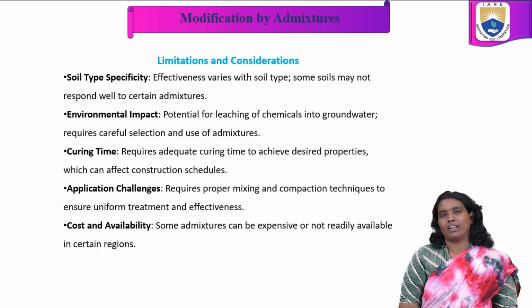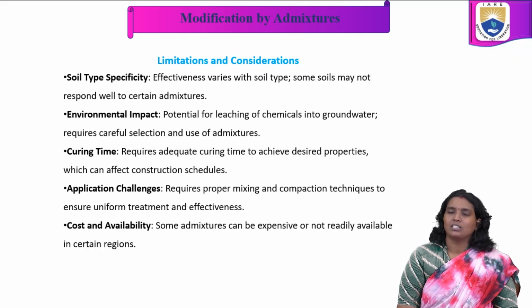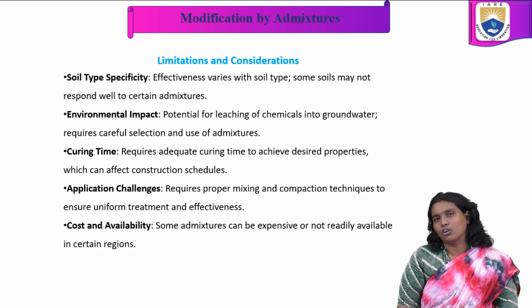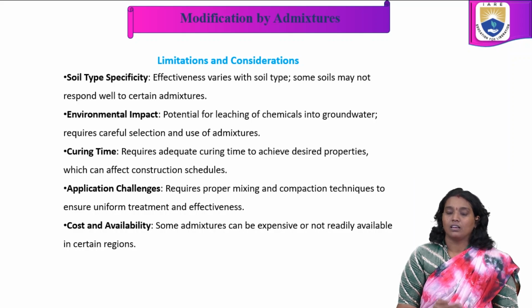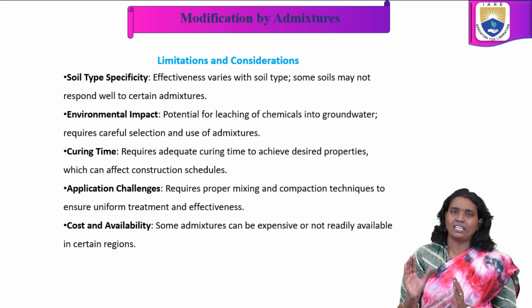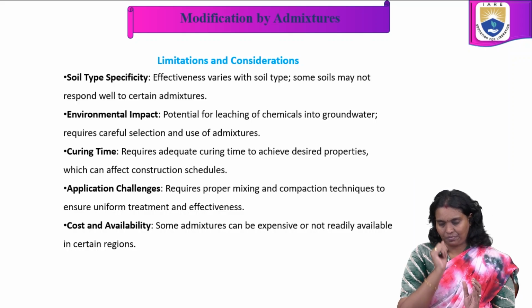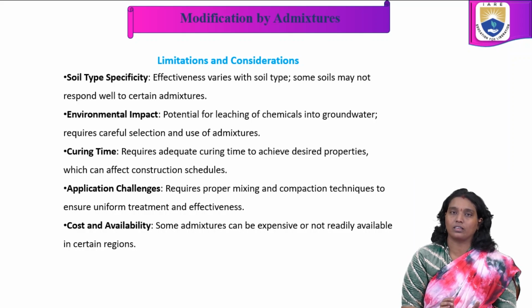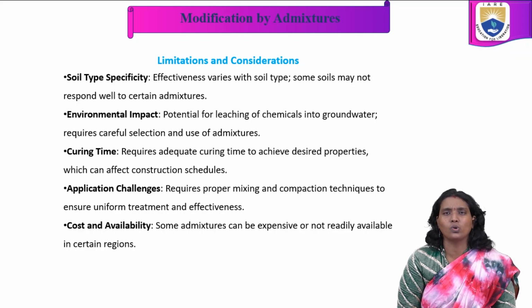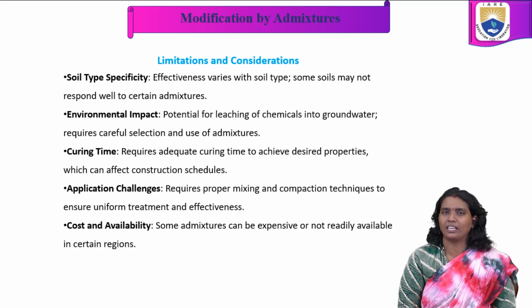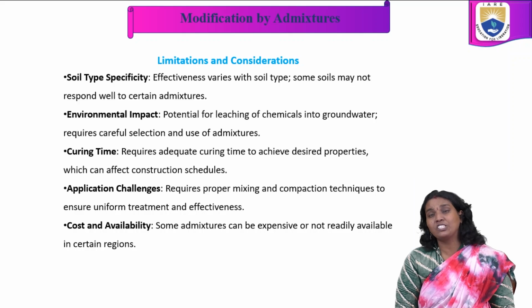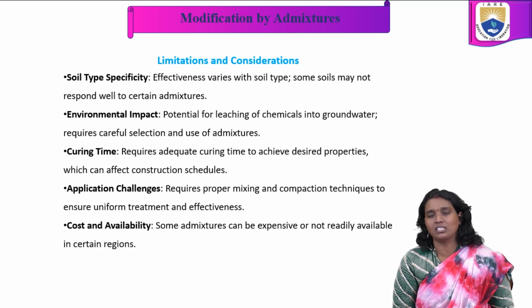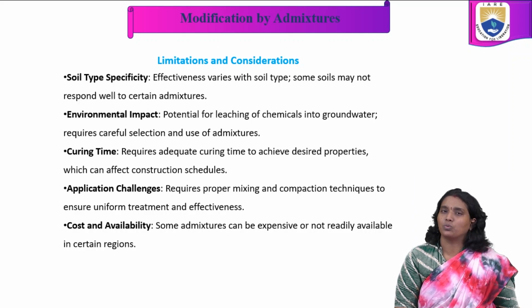And cost and availability. Admixtures generally have a cost, and it depends on whether the project is affordable or not. So cost is one of the important parameters. Sometimes the project allows it, and the cost of the admixture is not an issue.